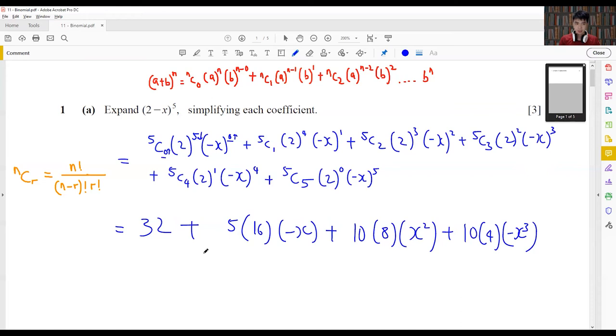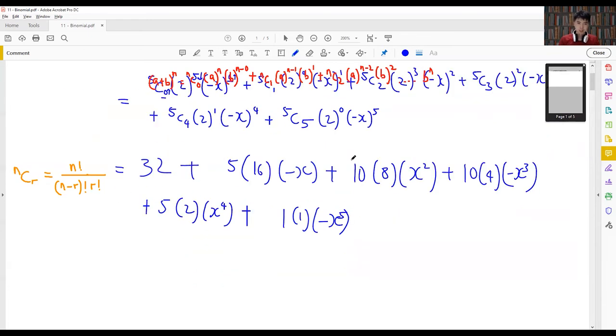Okay, plus it with 5c4 is 5, 2, negative x to the power of 4, you will get x to the power of 4 positive. And lastly, 5c5, this is 1, 2 to the power of 0, this is also 1, then times with negative x to the power of 5.